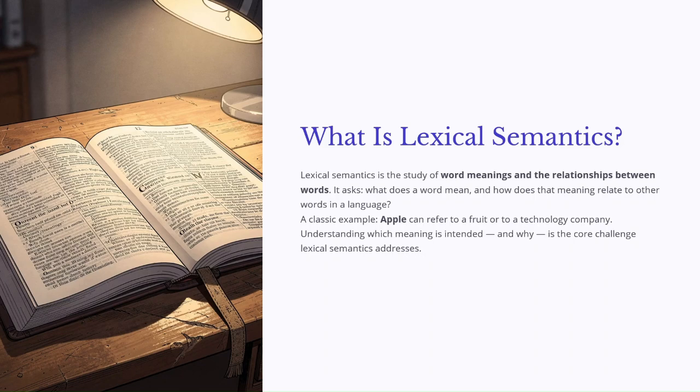So, understanding which meaning is intended and why is a core challenge that lexical semantics addresses. So if you say apple, it can refer to either a fruit or a company. How is the machine going to understand the meaning of that particular word in that context? For that, lexical semantics is used.